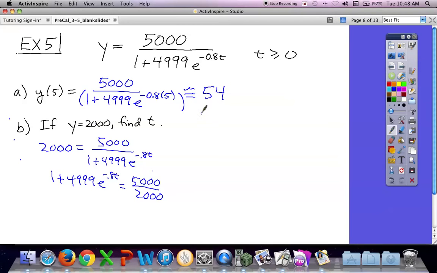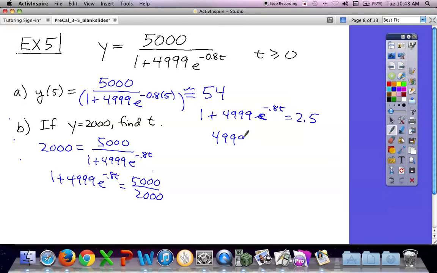So now we've got 1 plus 4,999 e to the negative 0.8 t equals 2.5. This is an exponential, so we have to isolate the exponential.